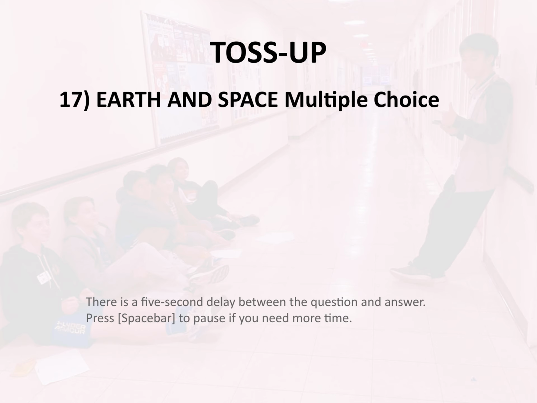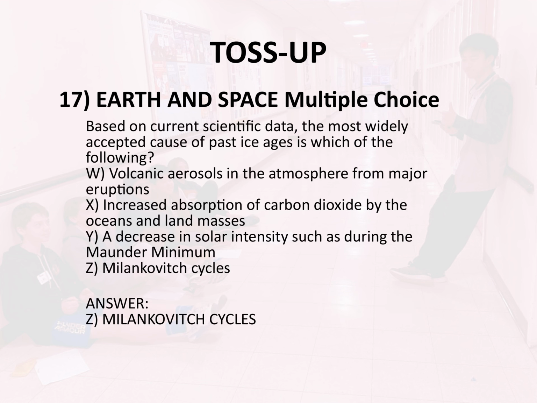Y. A decrease in solar intensity such as during the Maunder minimum. Z. Milankovitch cycles. Answer: Z. Milankovitch cycles.